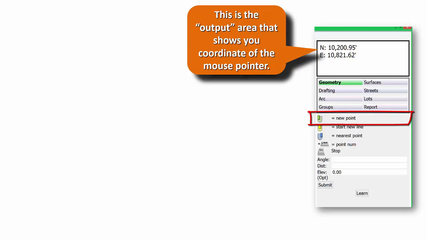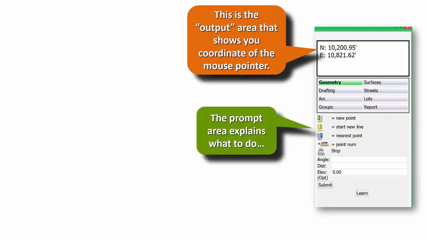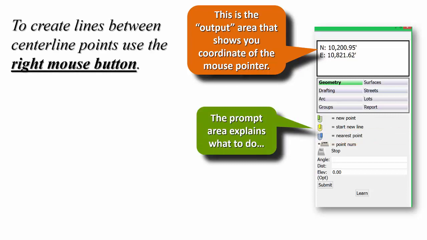We don't want to do that because we want to use existing points. The middle button starts a new line, but we haven't started a line yet, so by default we'll have that. And the right button goes to the nearest point. These are existing points, so you want to hit the right button of your mouse.